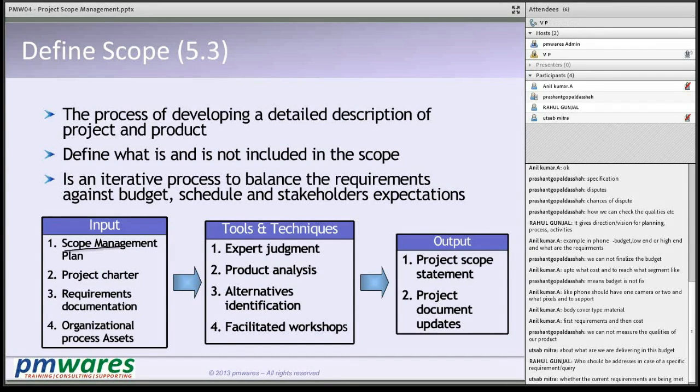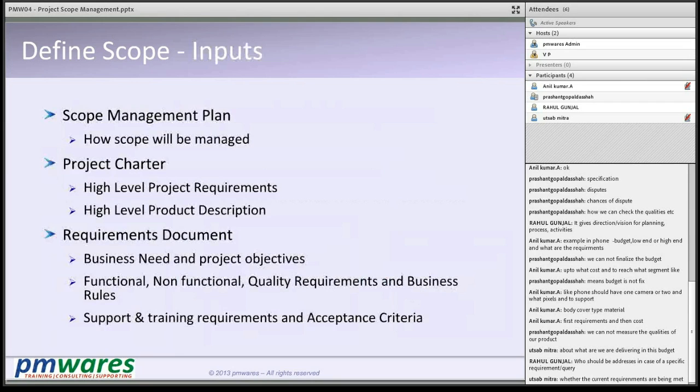Again, the scope management plan and project charter are inputs. You do some kind of activities to understand what all is there in the project scope: product analysis, alternative analysis, some discussions, and you create a project scope statement, which is a narrative statement telling what is in the scope and what is out of the scope. The project charter and requirement documents are inputs, because the requirement documents will tell you all the requirements, so you can define a scope around them.